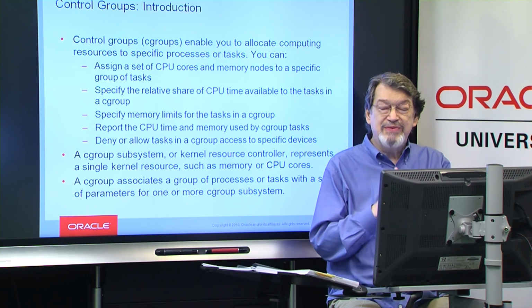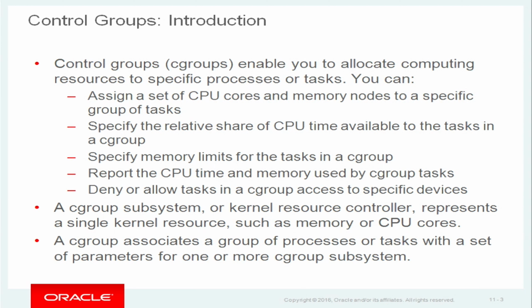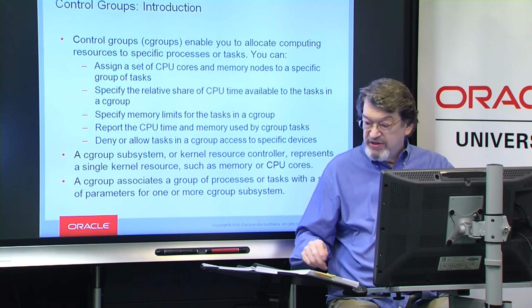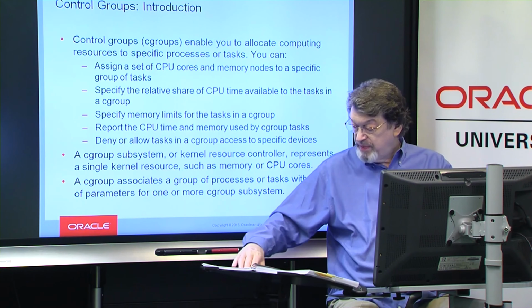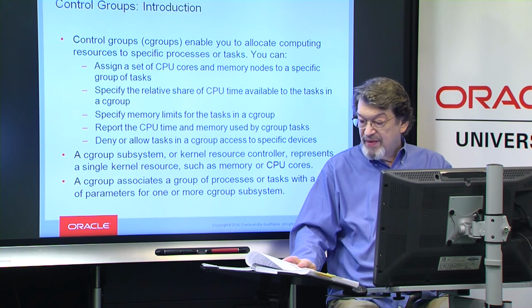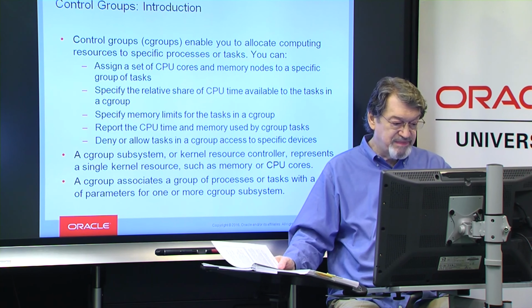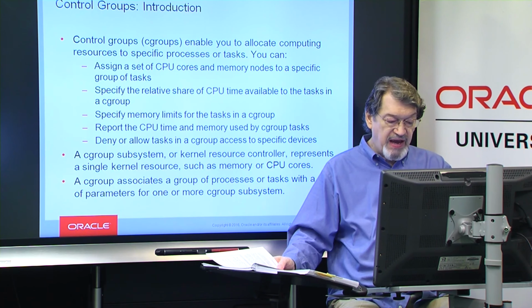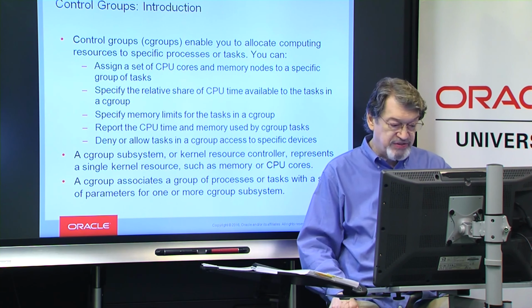So a C group subsystem, or kernel resource controller, represents a single kernel resource such as memory or CPU cores or cycles on CPUs. And the C group associates a group of processes or tasks with a set of parameters, a set of restrictions.